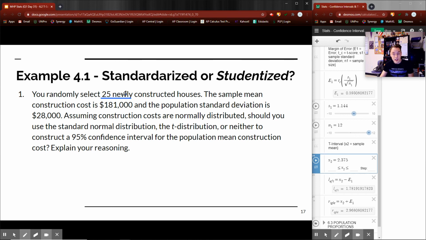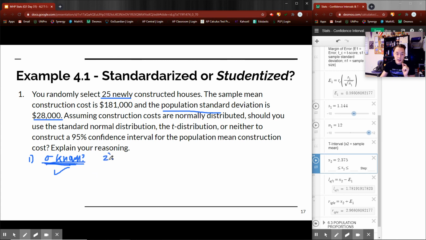That's kind of concerning, but let's continue on and read. The sample mean is 181,000, and the population standard deviation is given. So automatically we have the population standard deviation, that's amazing. So I'm going to ask, is the population standard deviation known? And we say yes, it is. It is definitely known.